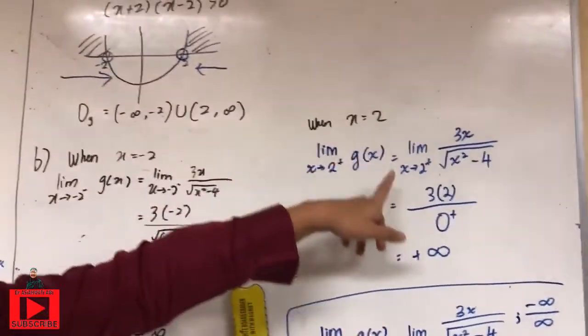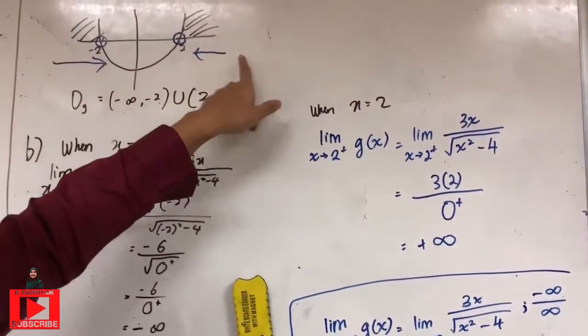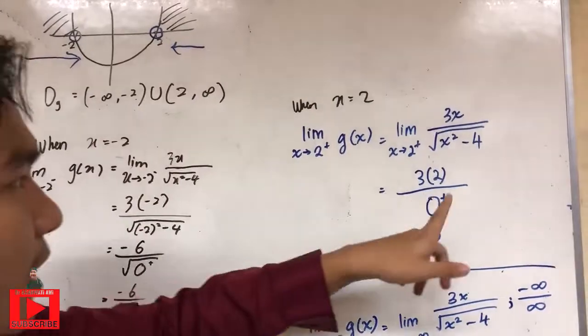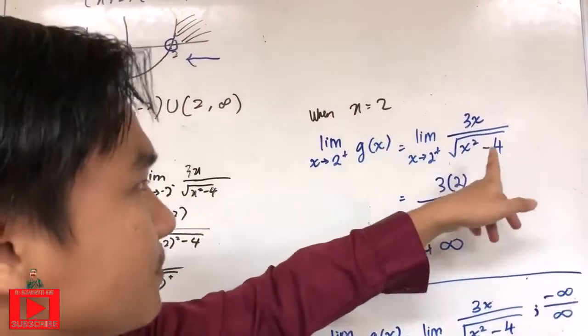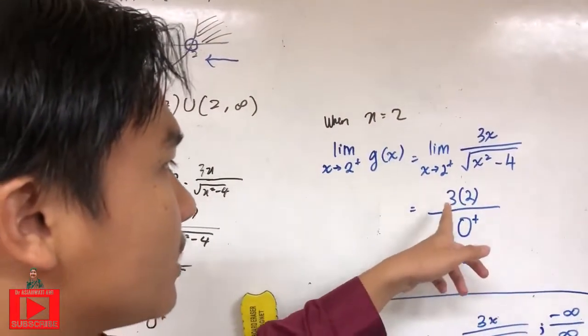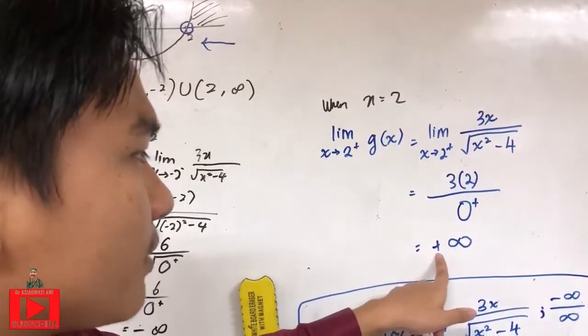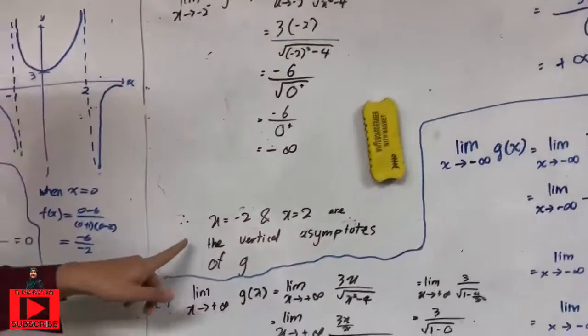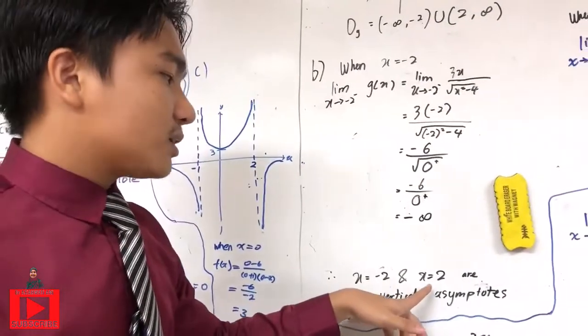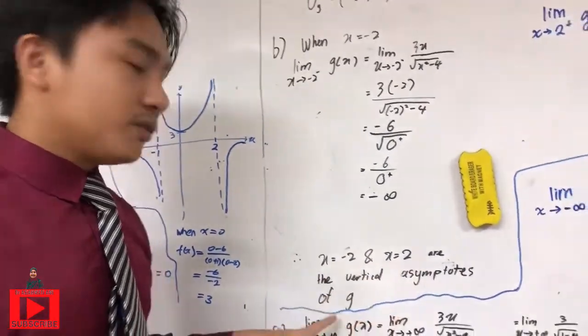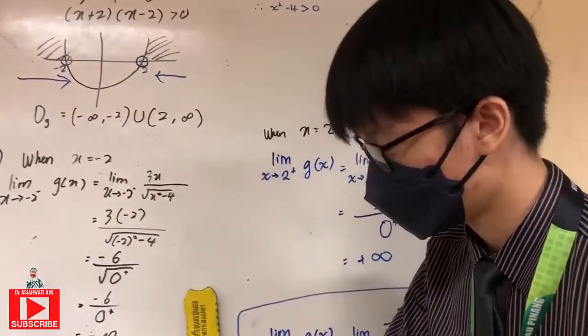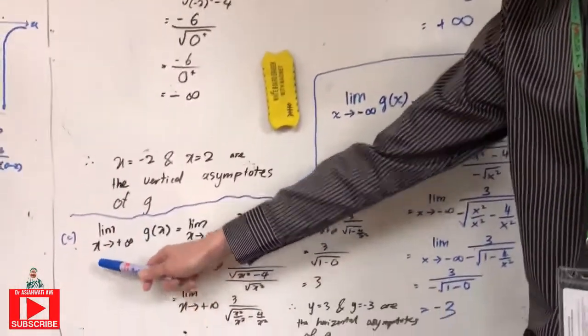For x equals 2, approaching from right to left, we substitute the value of 2, and we get 6 over 0 positive value, and we get positive infinity. So we can conclude that x equals negative 2 and x equals 2 are the vertical asymptotes of g.